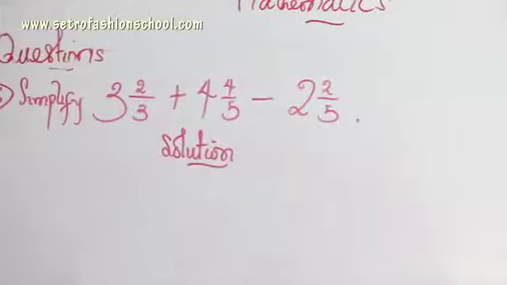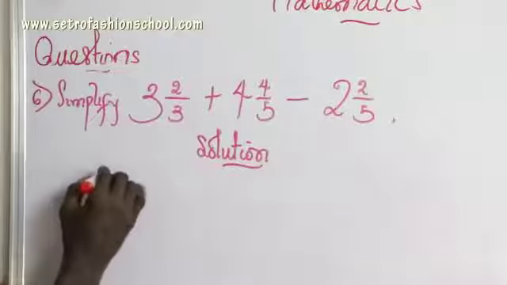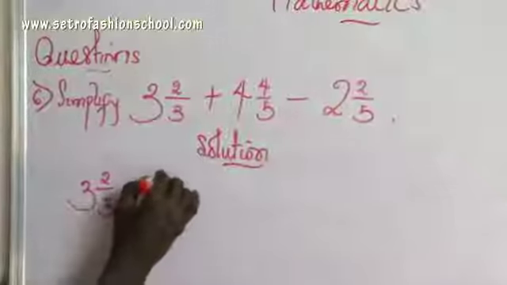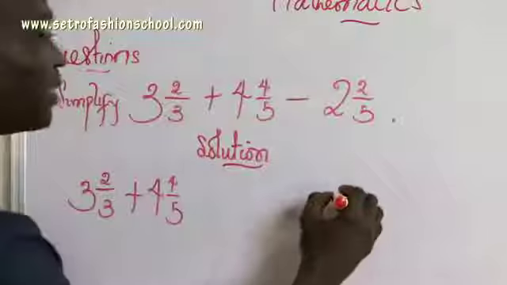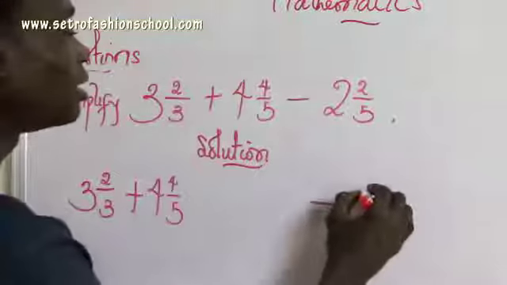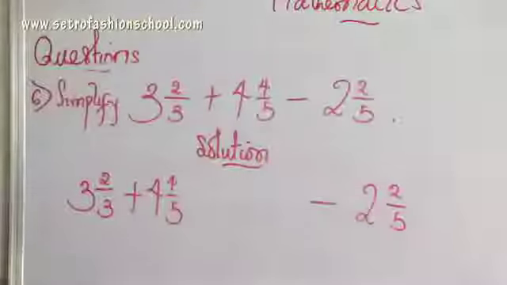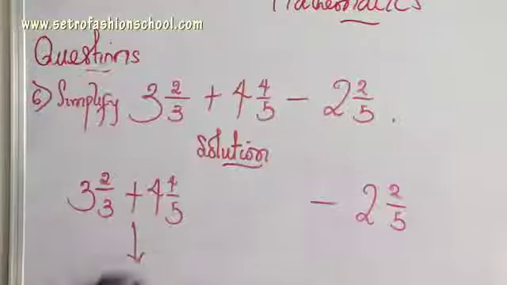Now, let's see, I'm going to separate them now, which is 3 whole number, 2 all over 3, plus 4 whole number, 4 all over 5. Then I'm separating this now, minus 2 whole number, 2 all over 5. Then after which, I'm dropping this down.